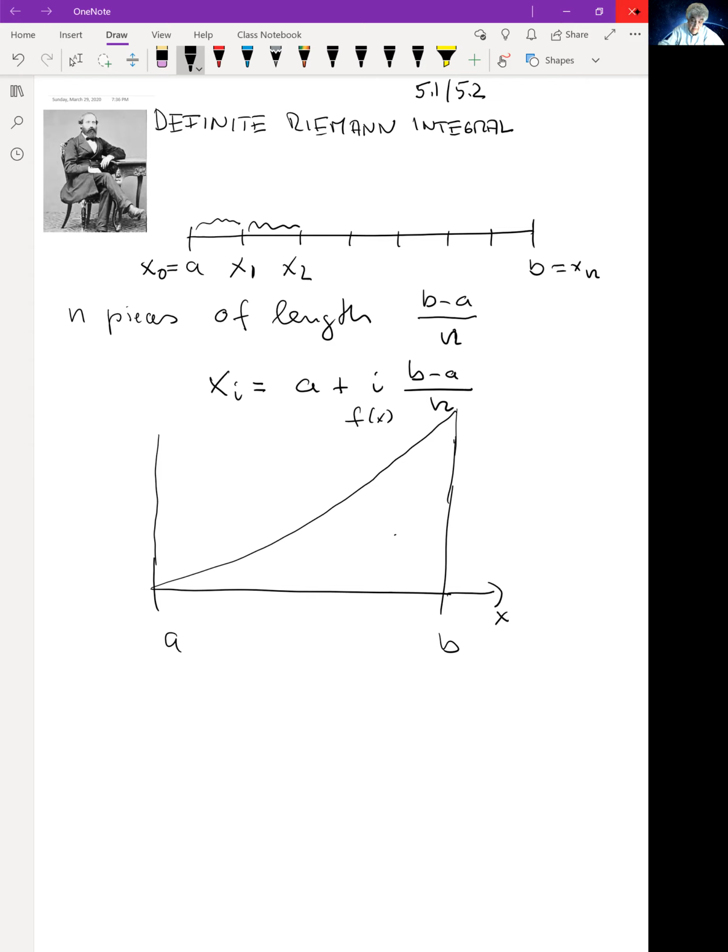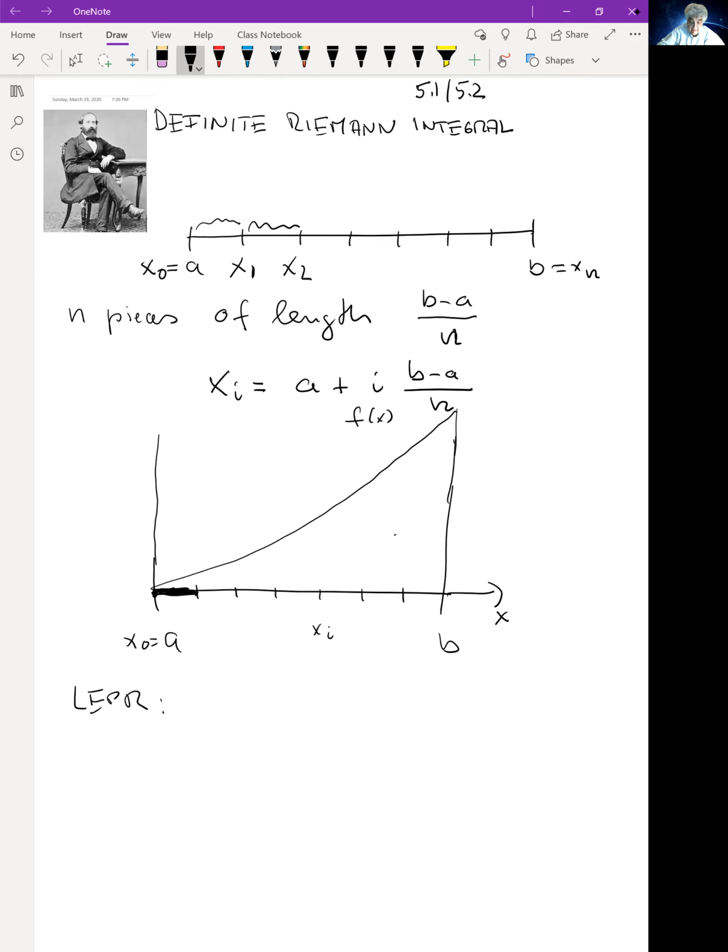Well, let's take our partitioning points. These are the xi's. And now let's do what is called the left endpoint rule. So I take an interval, and I take the left endpoint, take the height here. So then the height is 0 or very small, whatever the height here is.